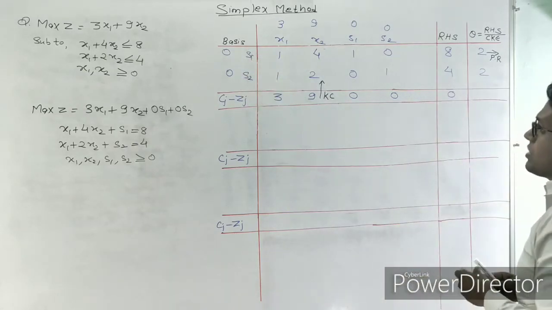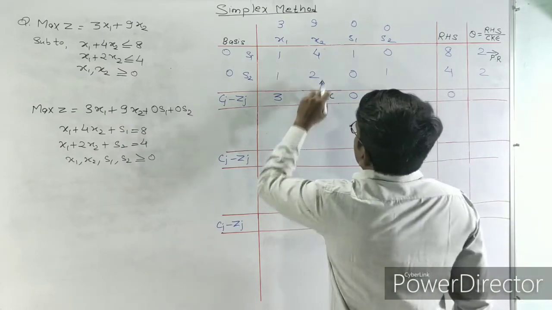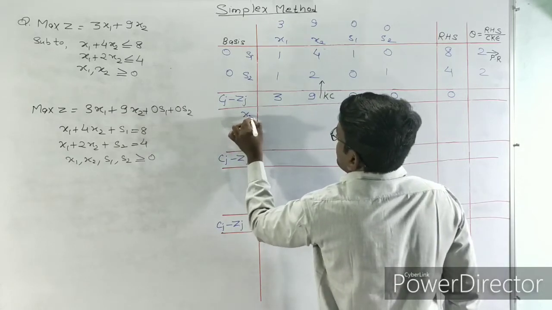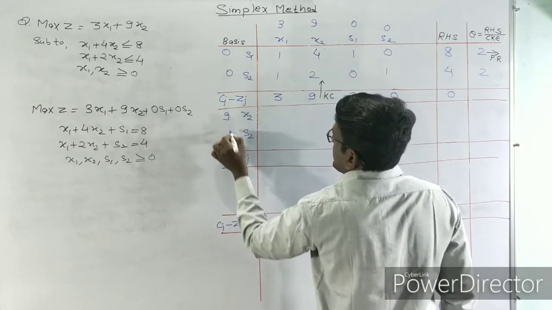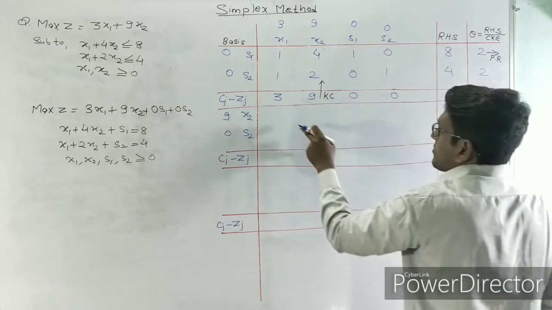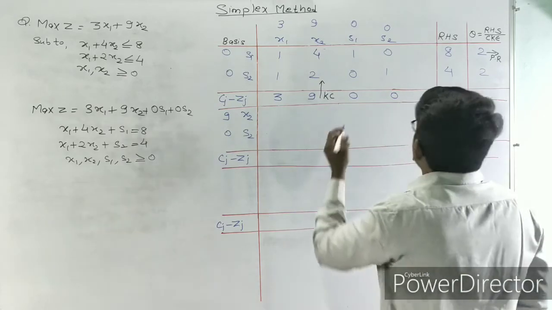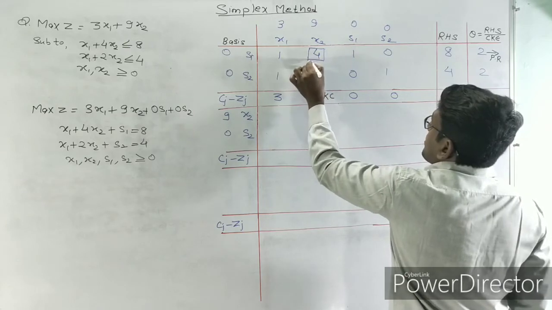So x2 will replace s1, so this will be x2, this is s2, variable x2 is 9, this is 0. Okay, and this is our pivot element.